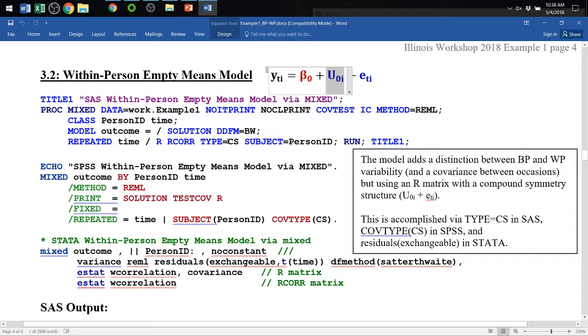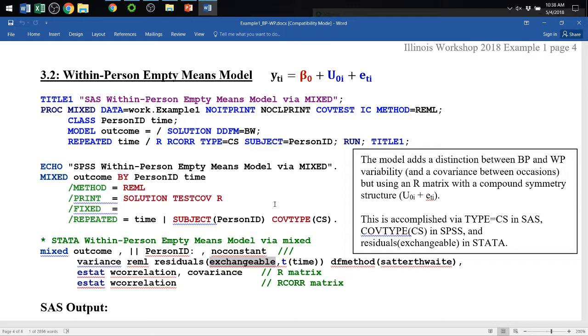And there are a couple different ways to do this in software. The way that translates most directly into repeated measures ANOVA is this type equals CS, or exchangeable. That stands for, anyone want to guess? It's on your paper. You'd like to read it aloud and seem smart.